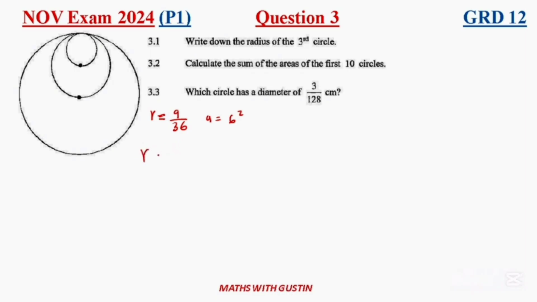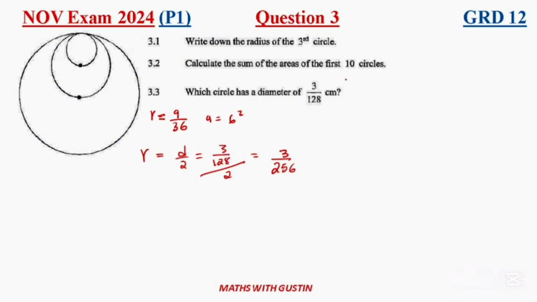So the radius is equal to the diameter divided by 2, which is 3/128 divided by 2. If we put this into our calculator, it gives us 3/256. So that is our radius.